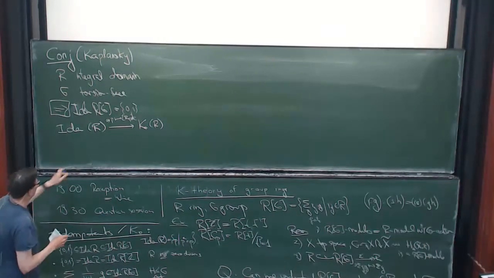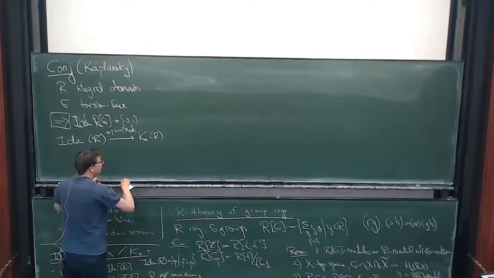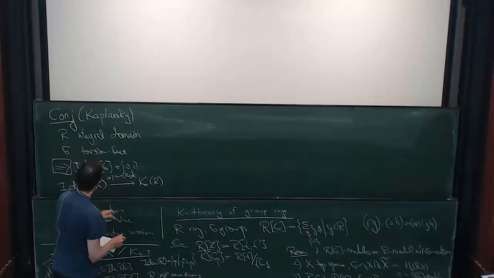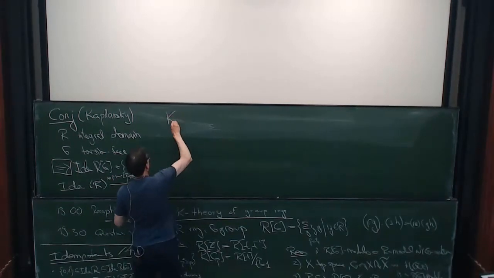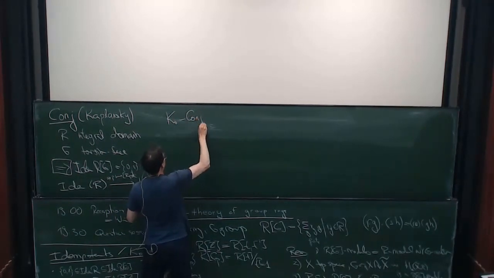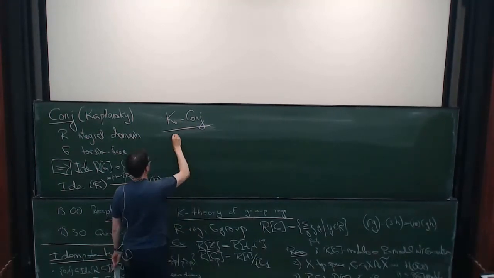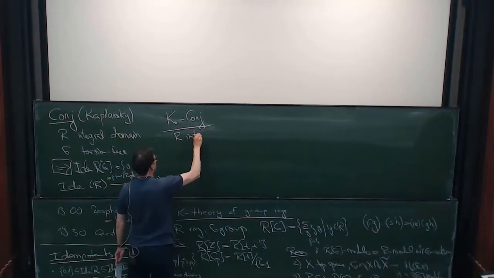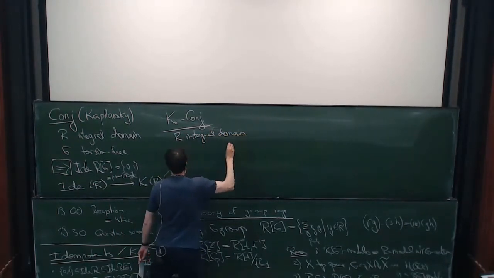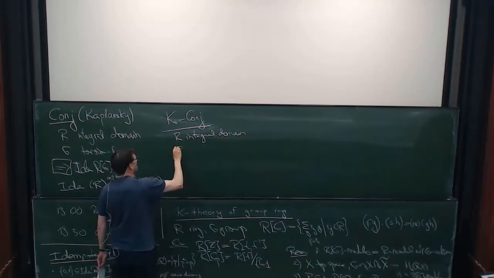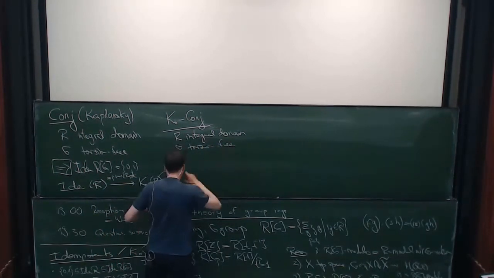And then there is a similar conjecture. So that's called the K0 conjecture. The same assumptions: R is an integral domain, and G is torsion free.